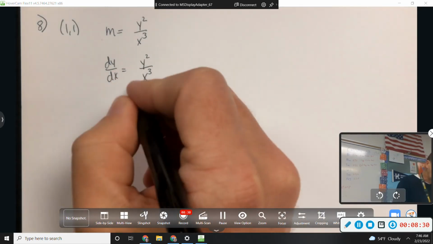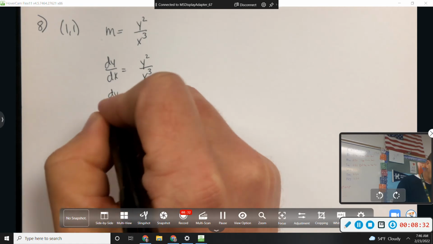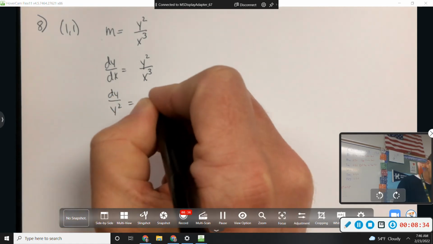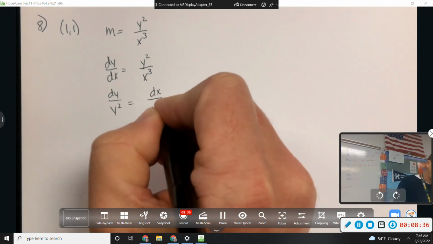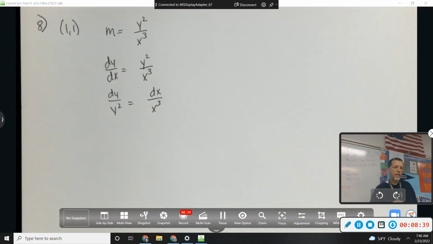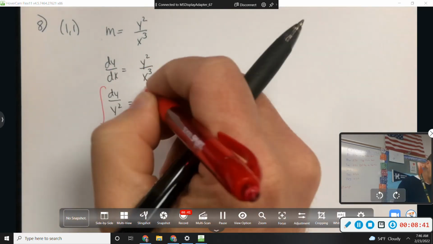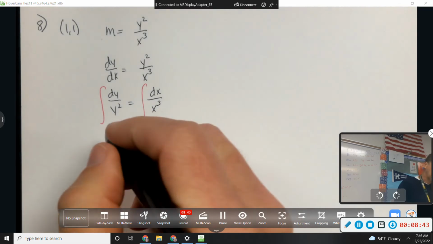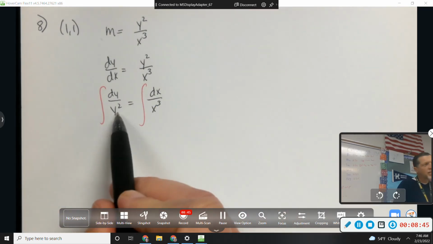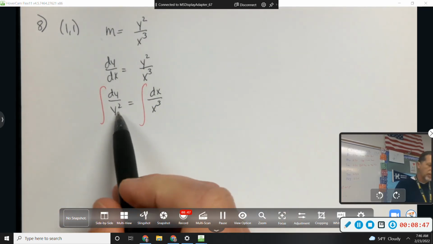Okay, so moving things around, dy over y squared equals dx over x cubed. I don't like that because I'm going to mess that up if I try to antiderivative something in the bottom.